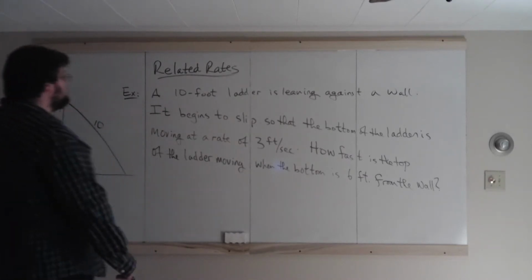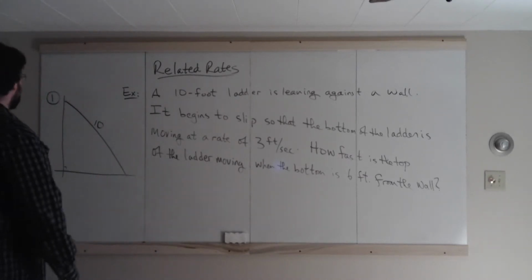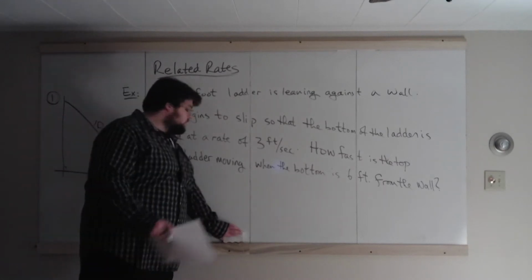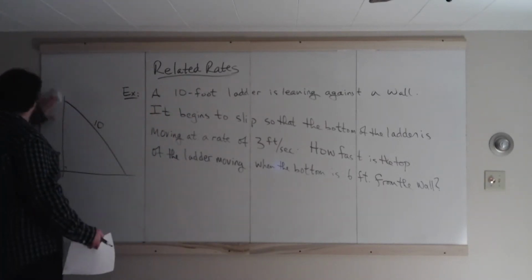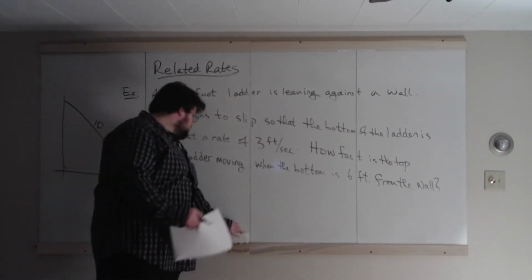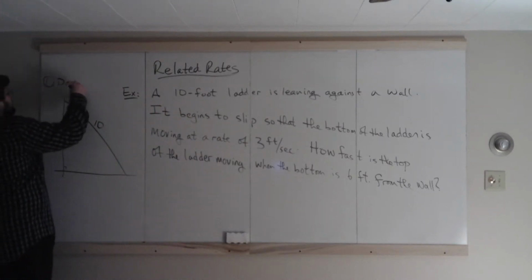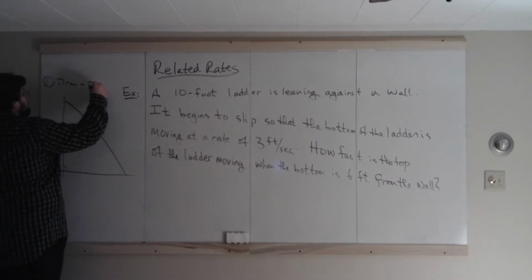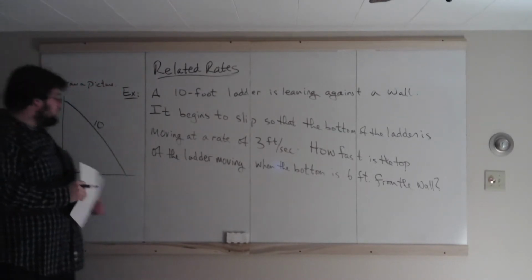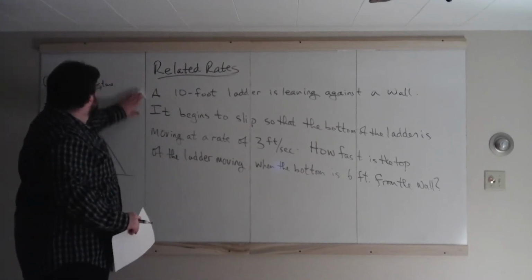A 10-foot ladder is leaning against a wall. The next thing, maybe I'll write 1, draw a picture, because that's usually how I do these. So I'll say 1, draw a picture. I'm going to get rid of this example.